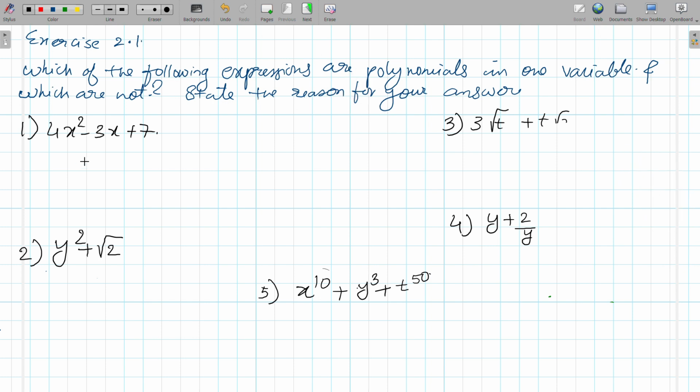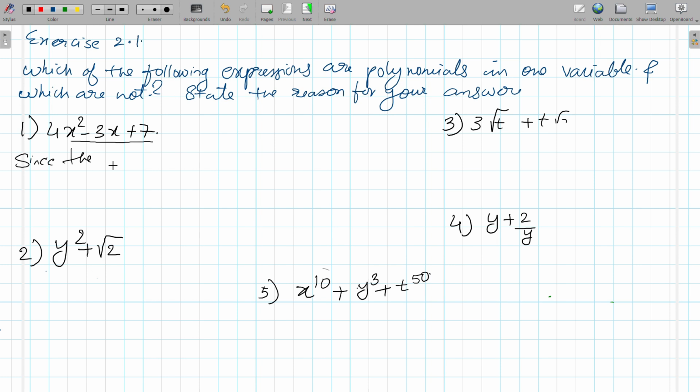Okay. So here the first expression given is 4x square minus 3x plus 7, right? Now here this is one variable only, correct? And the power is a whole number. So we can say it is a polynomial, since the degree of the polynomial, or the exponent, is a whole number.